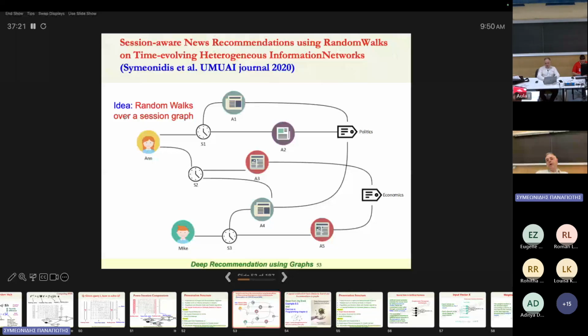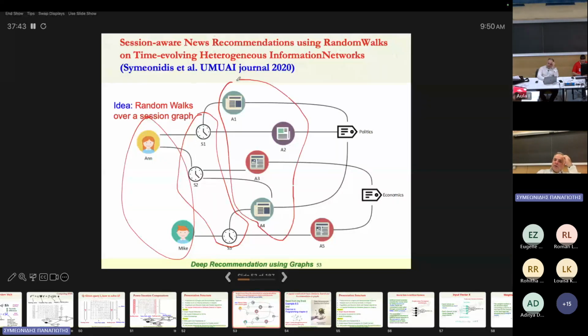We have the persons, the users, we have the sessions. So this is a node that captures the time information of a fact. We have also the articles, and also we have the categories of the articles. Okay.